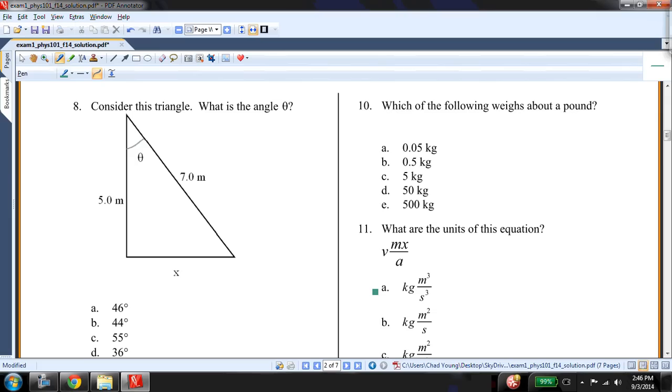What is the angle theta here? I have the adjacent and the hypotenuse. So I'm going to do my cosine of theta equals 5 over 7. So theta is the inverse cosine of 5 over 7. Just a second. Let's see, 5 over 7. 44 degrees.